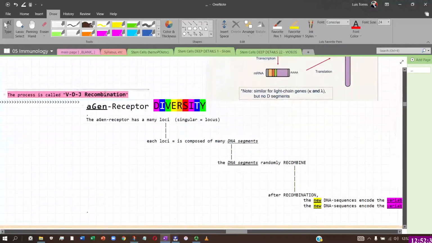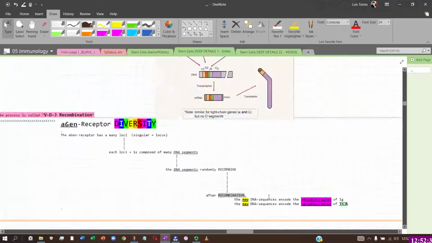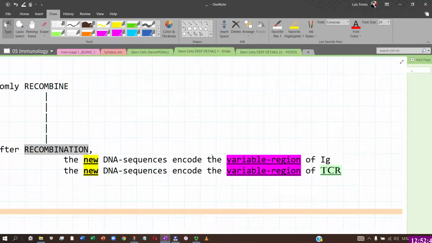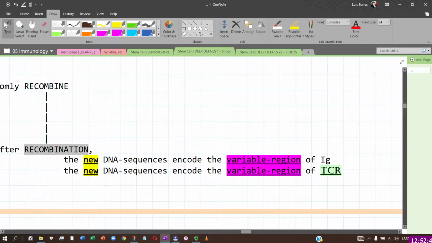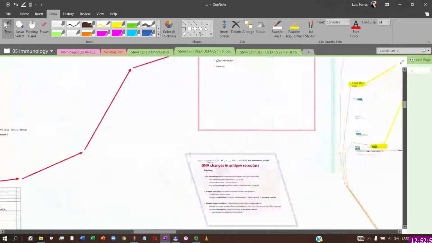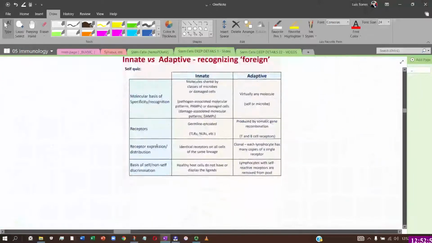There you see the word recombination. Over here, recombine, recombination. So now you have new DNA sequences that are going to code for a distinct variable region of the Ig and of the TCR. All right, we'll come back to that and make sure we know what that means. But for now, let's keep going with the summary.